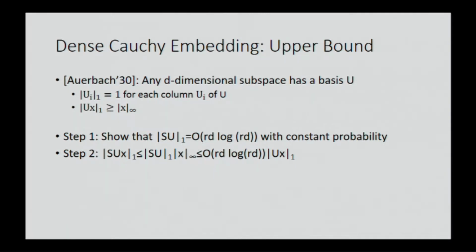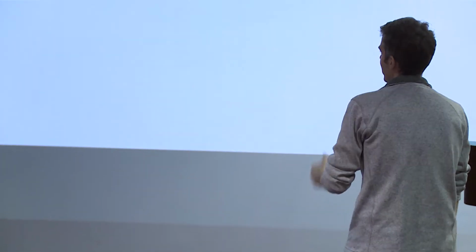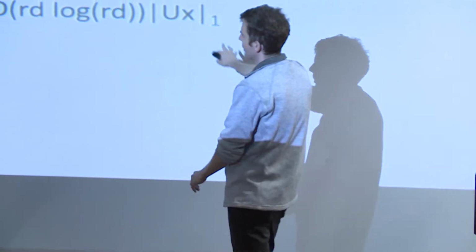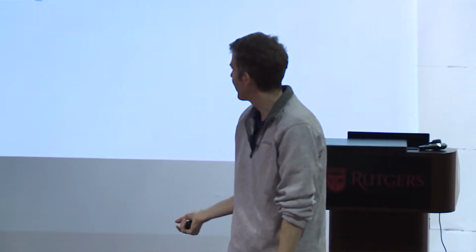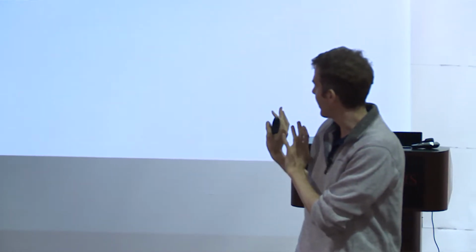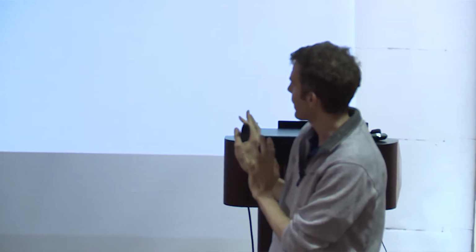We saw in the previous slide that the 1 norm doesn't shrink with very high probability. And that was so high you could union bound over a net. And this says the 1 norm doesn't grow that much. Okay, cool. So that's the proof of a subspace embedding for L1.